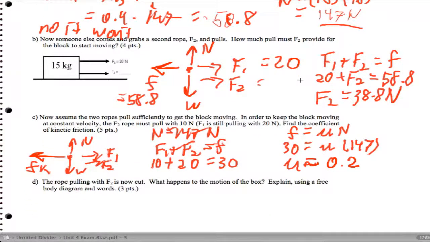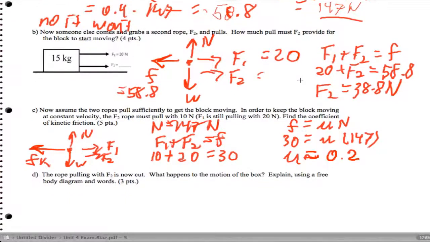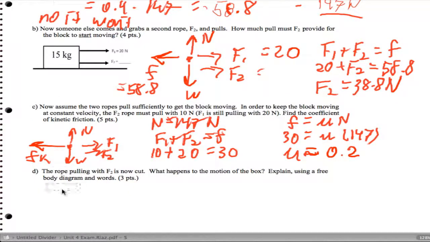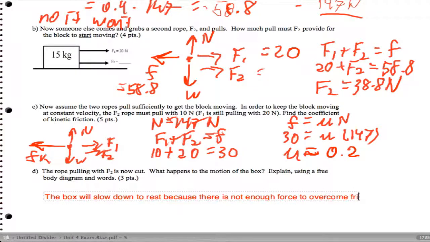And then finally, when we cut F2, what's going to happen to the box? So let's write this out. What happens is that the box will slow down to rest because there is not enough force to overcome friction and keep it moving.